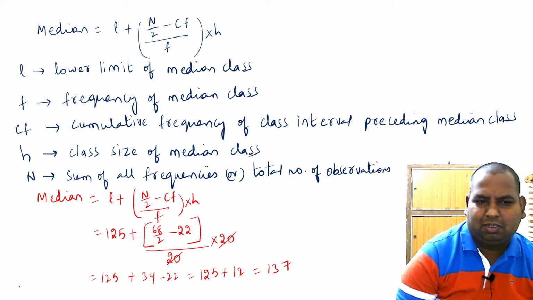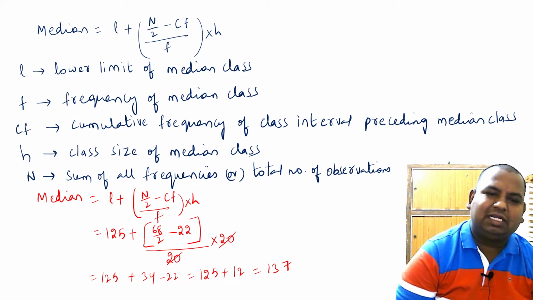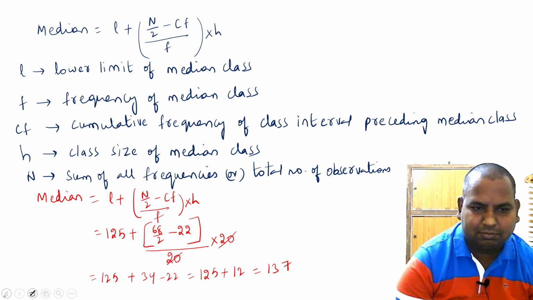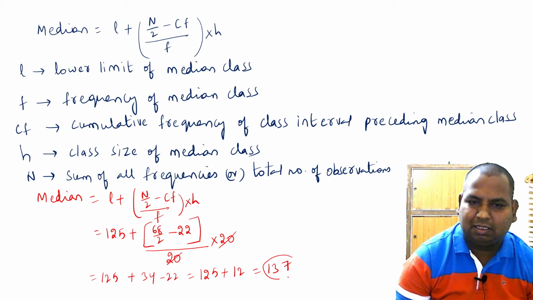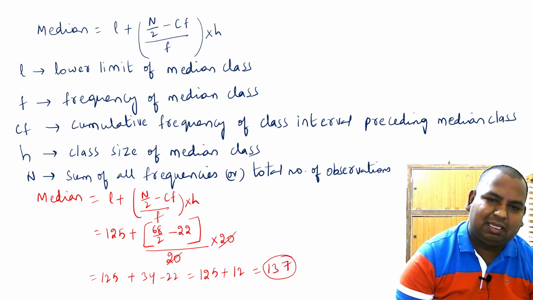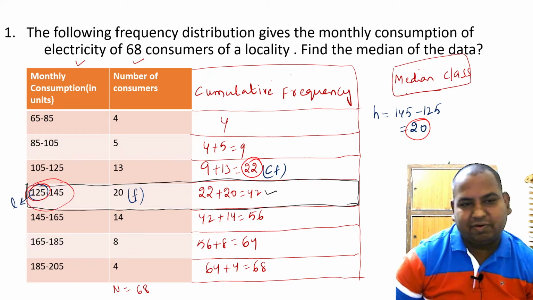Now you may get one doubt, sir, how to know whether we have done correctly or not? That can be known very easily. You got 137. So 137 should lie in between the lower limit and upper limit of the median class. 137 is lying between 125 and 145, so that means you have done correctly.